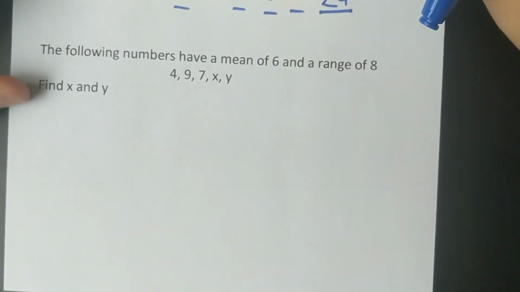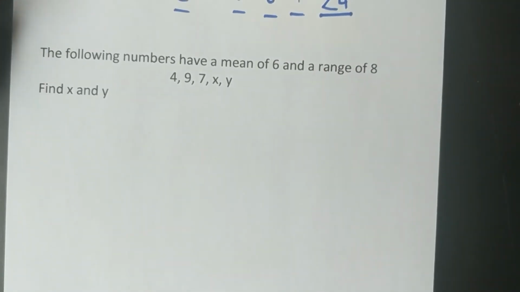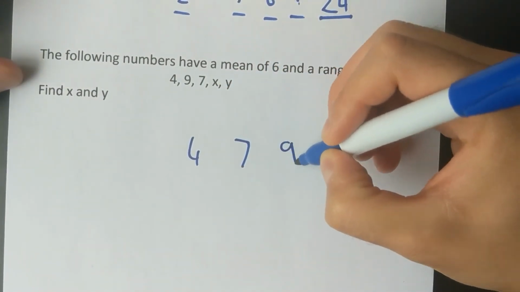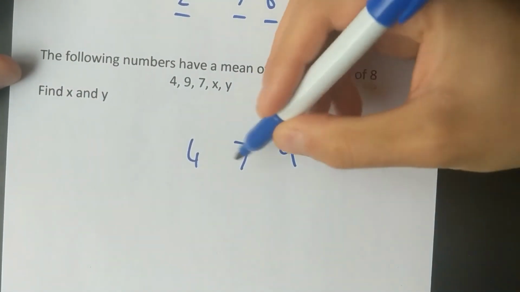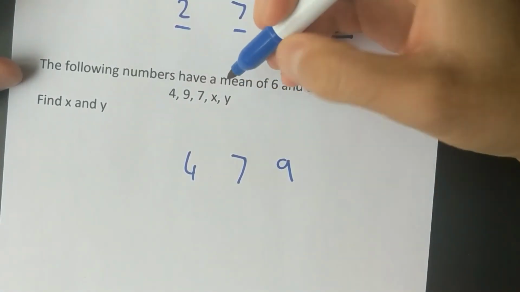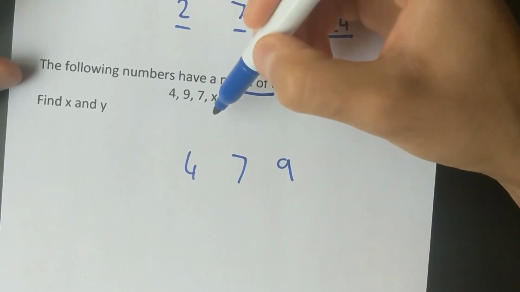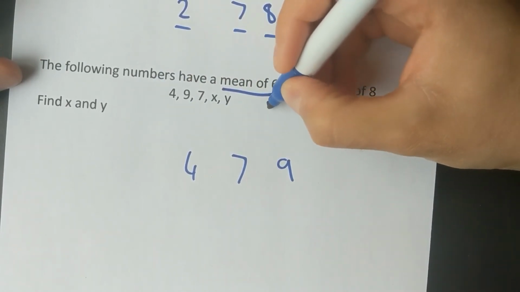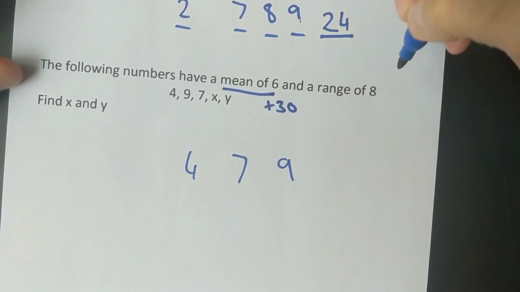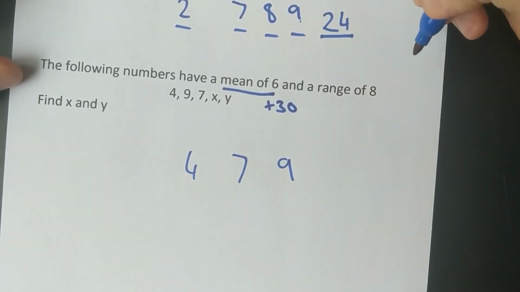Next, following numbers have a mean of 6 and a range of 8. So, again, let's just make it easier to look at. Let's have those numbers in order with a bit of space, just in case we have numbers in between. So, mean of 6. So, 5 numbers, mean of 6, 5 times 6, it has to add up to 30. And we've got a range of 8.